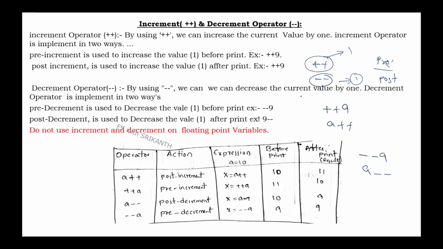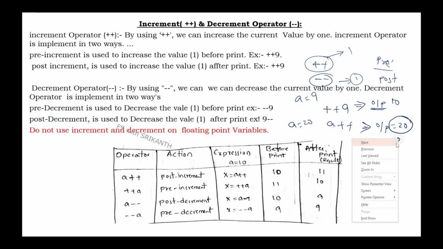First one, pre-increment. Pre-increment means suppose a value is 9, then a plus plus means automatically the output is 10. Suppose a value is 20 here. What is the value right now? A plus plus. The output is 20 only right now. After printing the value, it is increased by 1.